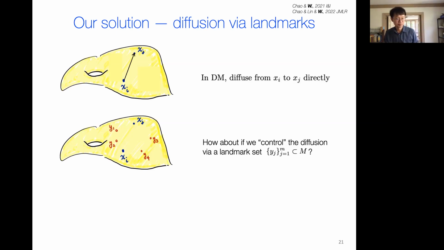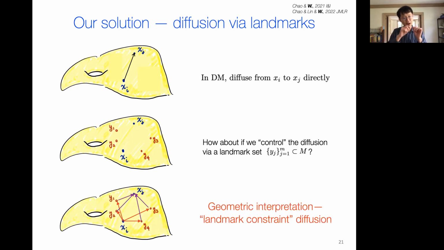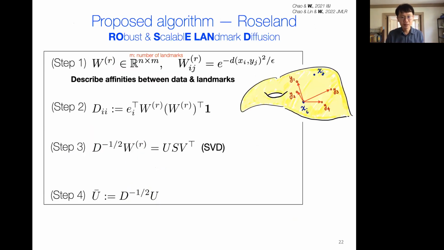What we do is force xi, if you want to diffuse from xi to xj, to go through all the landmarks x1, x2, and so on. So you can build it as a landmark-constrained diffusion. If we consider this landmark-constrained diffusion, would we gain any benefit? The answer is yes, we will gain some benefit.